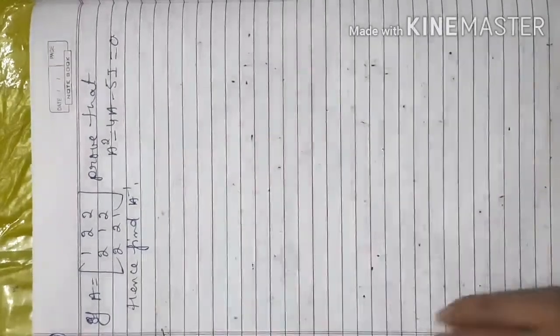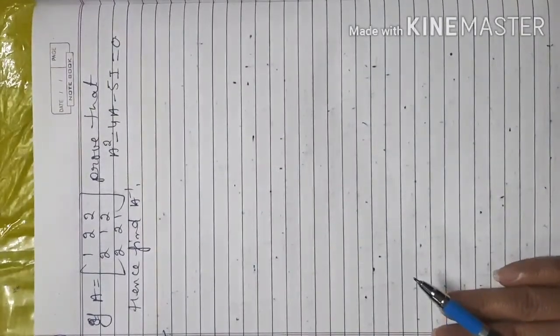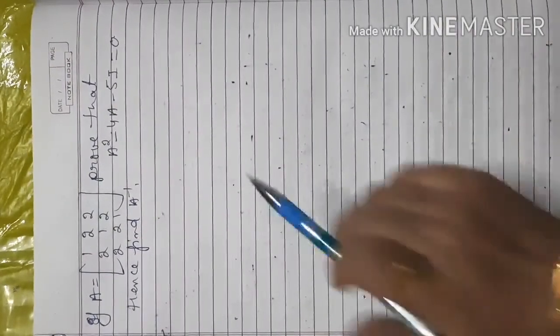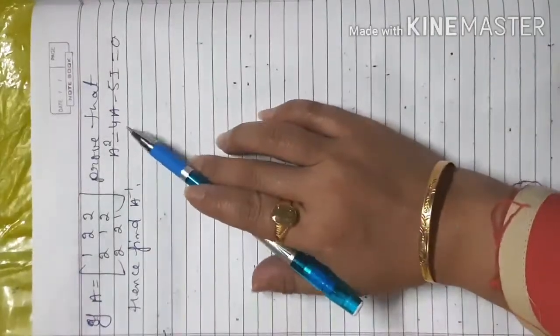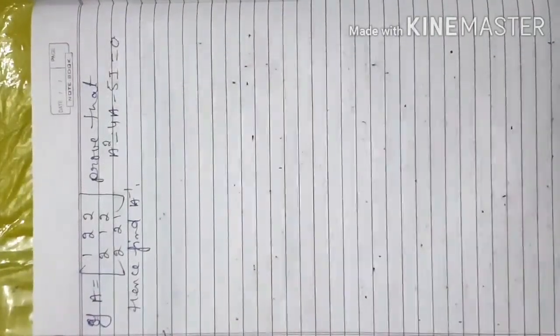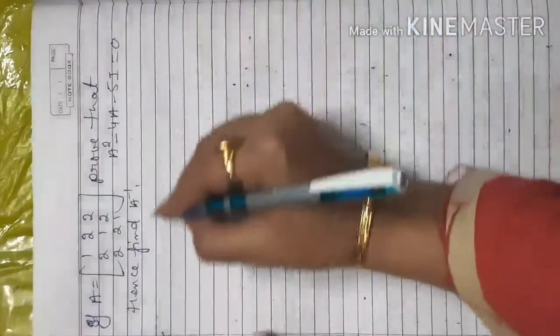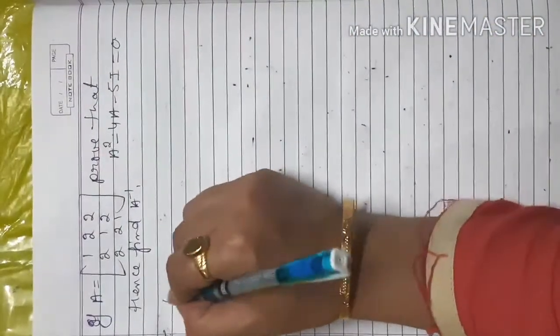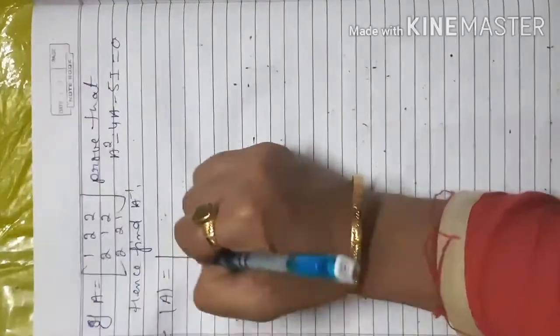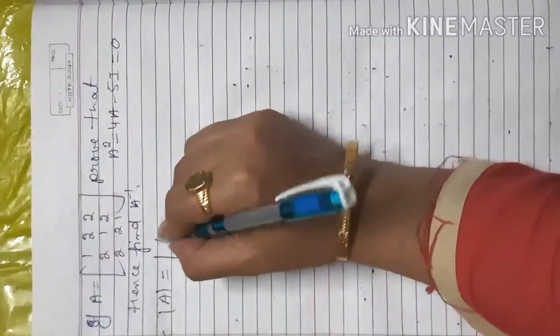We have to use this equation. And for finding A inverse by using this equation, first you have to check whether this equation is satisfied, equal to 0 or not. So for that, first I will go with the A determinant to check whether A inverse exists or not.